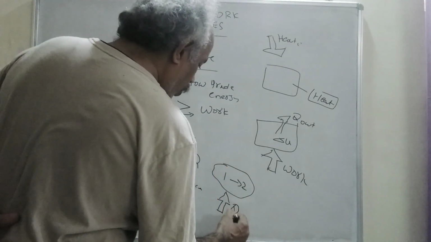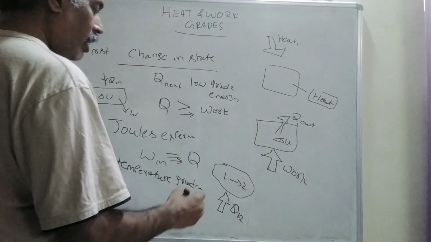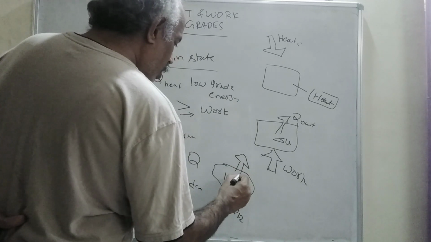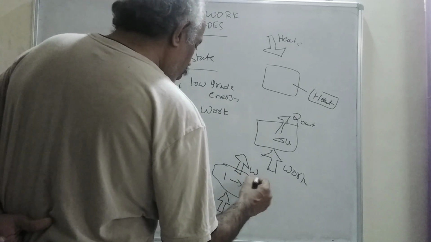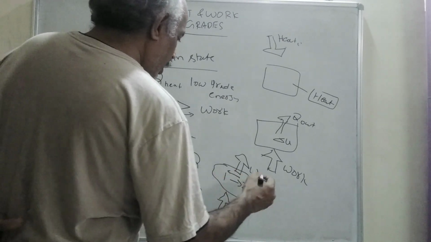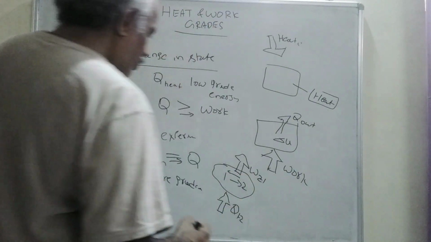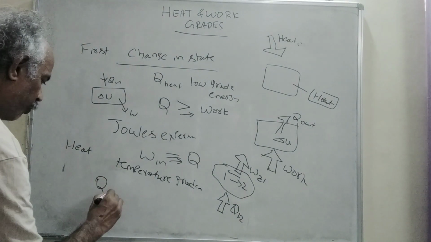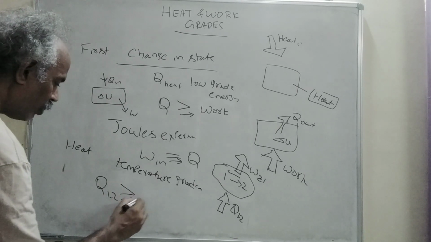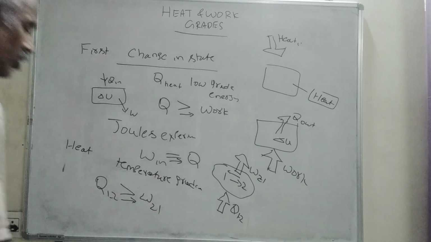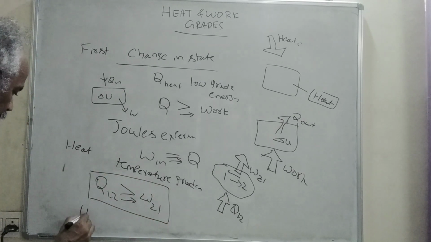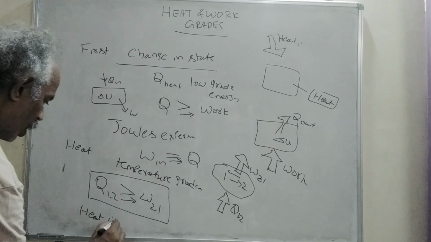So if this is Q12, and if you are getting some W when 2 is coming back to 1, W21, it says that Q12 is greater than or equal to W21. And for this reason, heat is low grade energy.